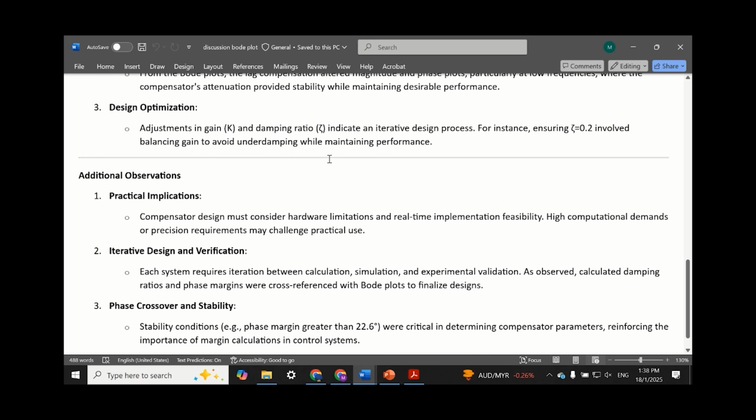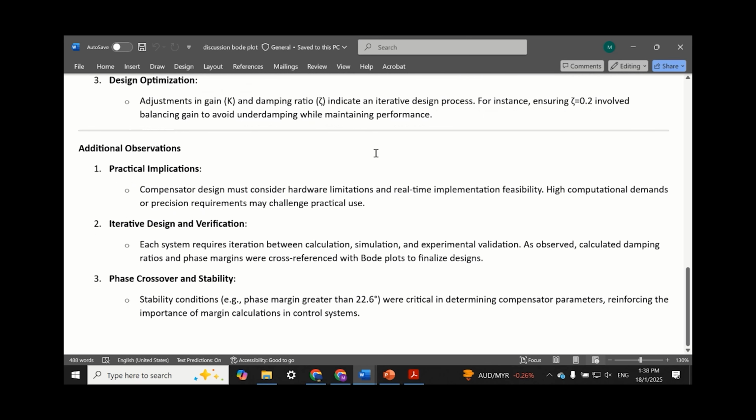Design optimization: adjustments in gain K or damping ratio zeta indicate an iterative design process. For instance, ensuring zeta equals 0.2 involves balancing gain to avoid underdamping while maintaining performance. Additional observations, practical implications: compensator design must consider hardware limitations and real-time implementation feasibility.